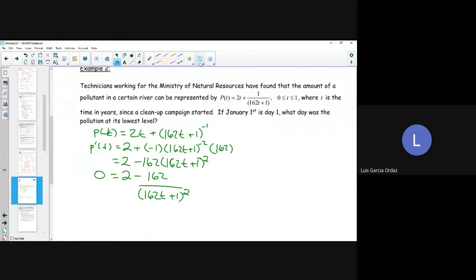So what I can do first is move my negative 162 over 162T plus 1 squared over to my left side to make it positive. So 2 over 1, and then I can cross multiply.